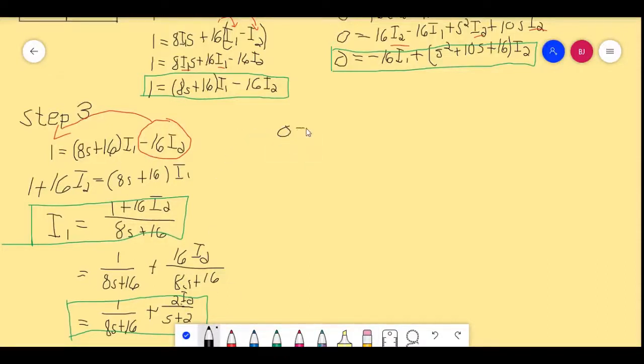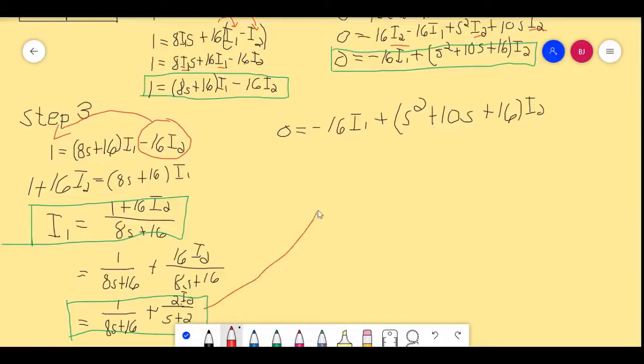So we have 0, negative 16 I1 plus s squared plus 10s plus 16 I2. And because we already have I1 here, we just replace it with this one. Remember, this is negative, so we'll substitute I1 with this.